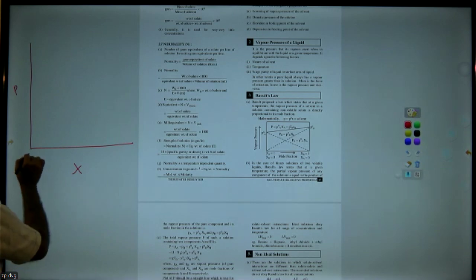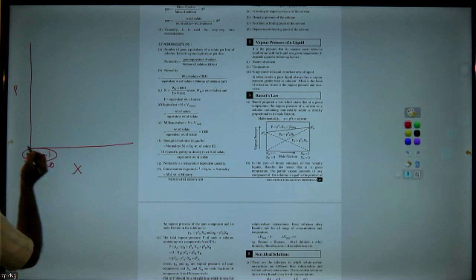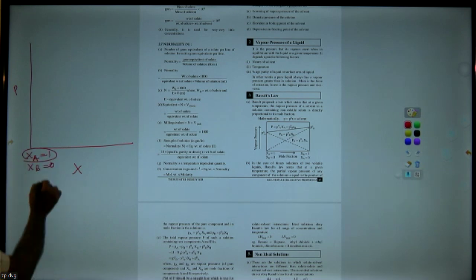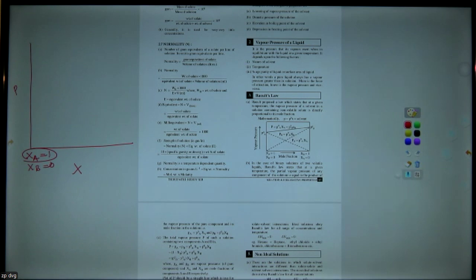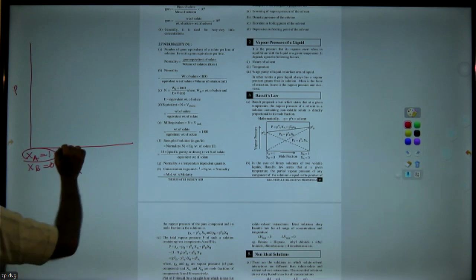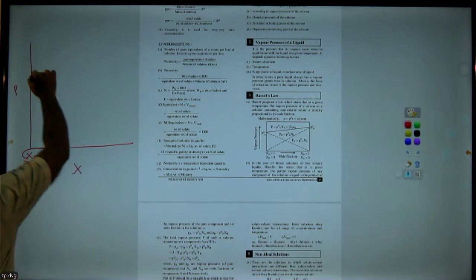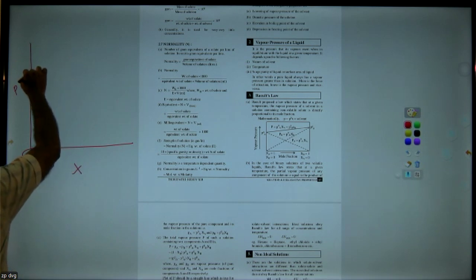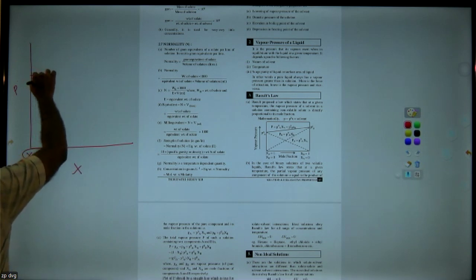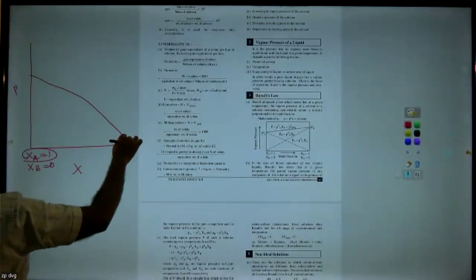Like this we will get the graph. XA is equal to 1, XB is equal to 0. So only the first component is there, and the second component is equal to 0. Then how are we going to get the graph here? Like this, this kind of graph we are going to get.